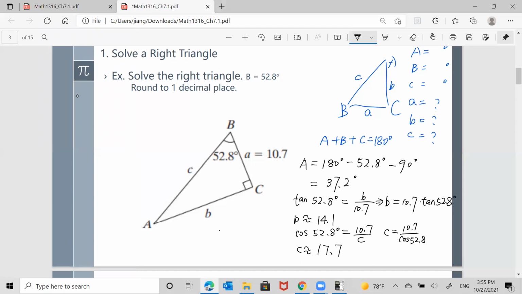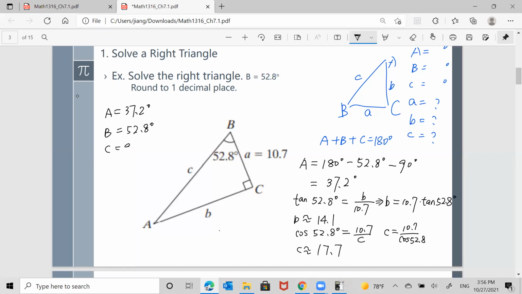So we can do a summary because we found all the angles A, B, C and the sides a, b, c. A equals 37.2 degrees. B equals 52.8, which is given.